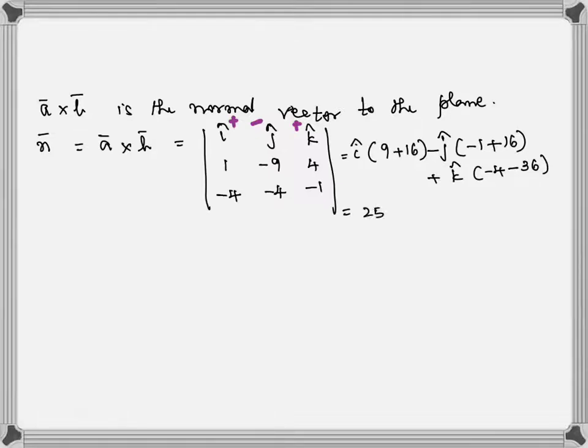If you simplify, it will be 25i minus 15j minus 40k. So this will be the normal vector.